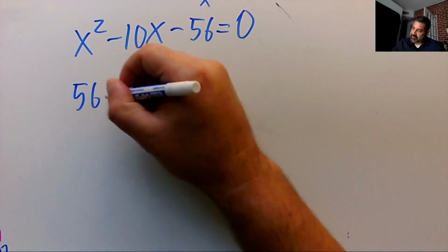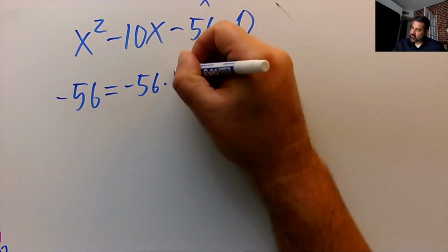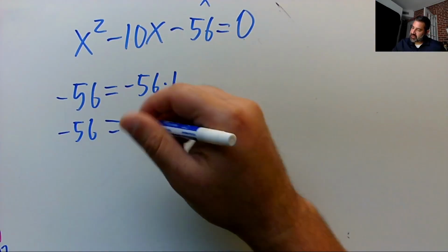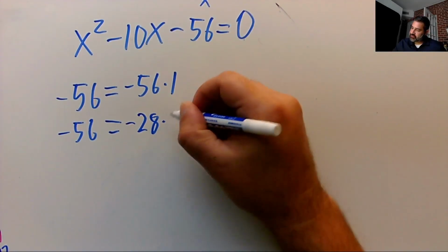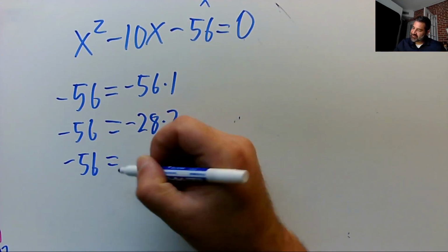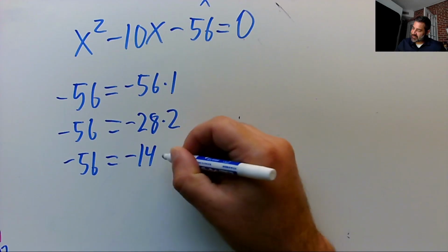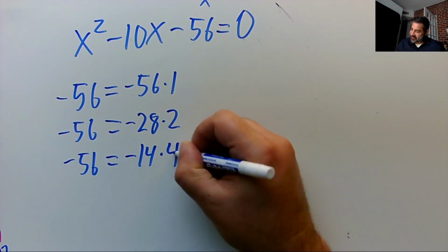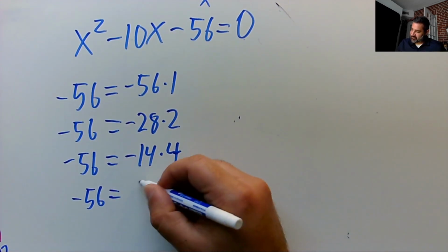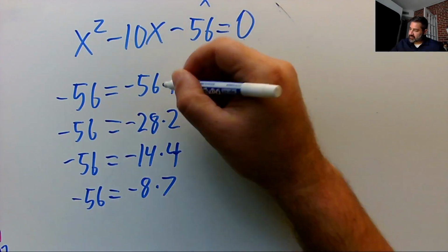So we'll start with the biggest one, negative 56 times 1. Let's do it in half, negative 28 times 2. Let's do it in quarters. All right, this one's tough. Negative 14 times 4. And there's one more, negative 8 times 7.